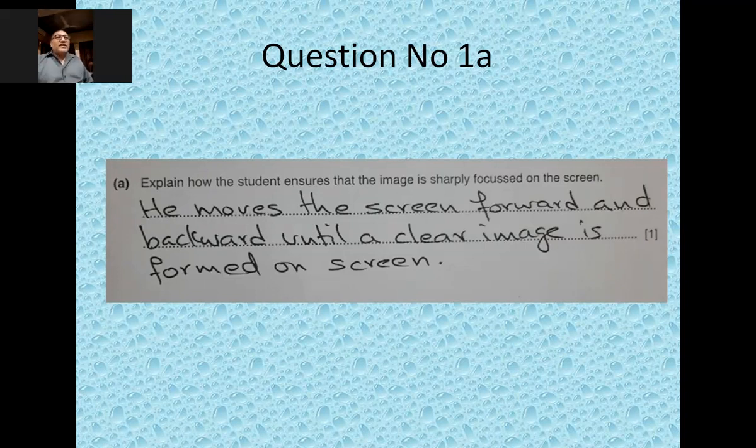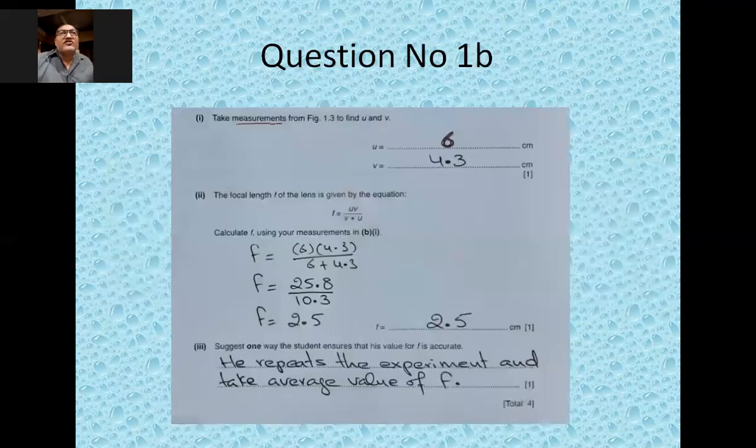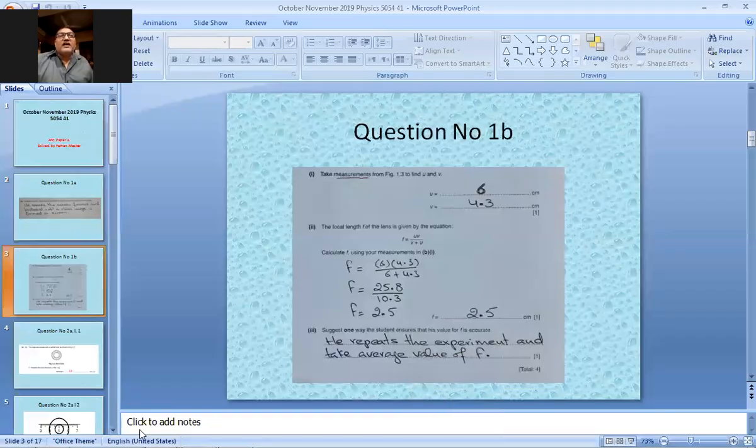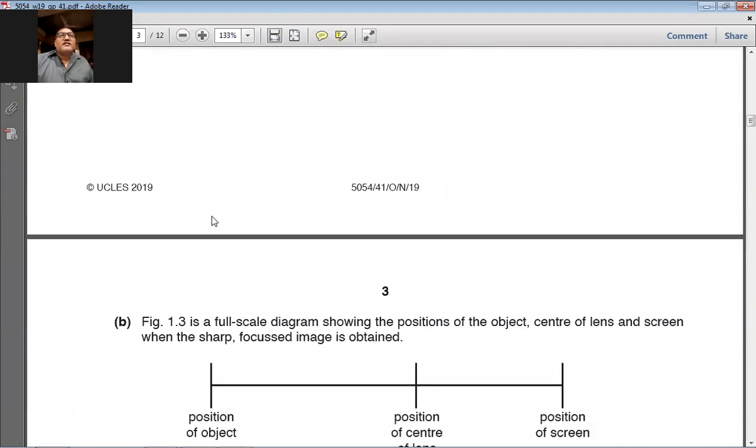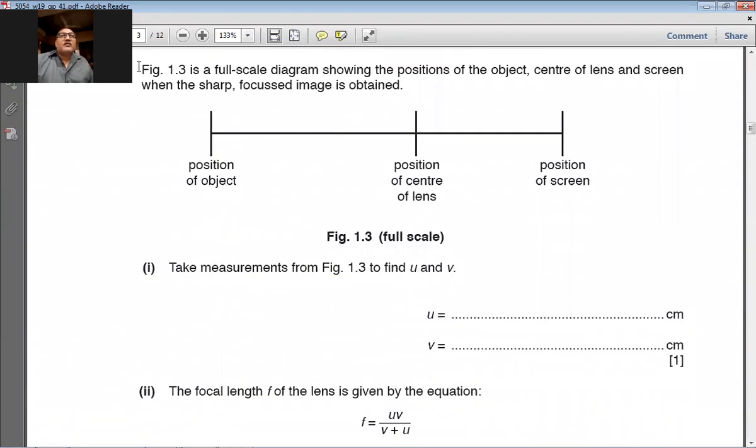Okay, so that was question number 1 and its A part. And now question number 1 and its B part is showing up on your screen. Let me go to the question paper. So here we go.